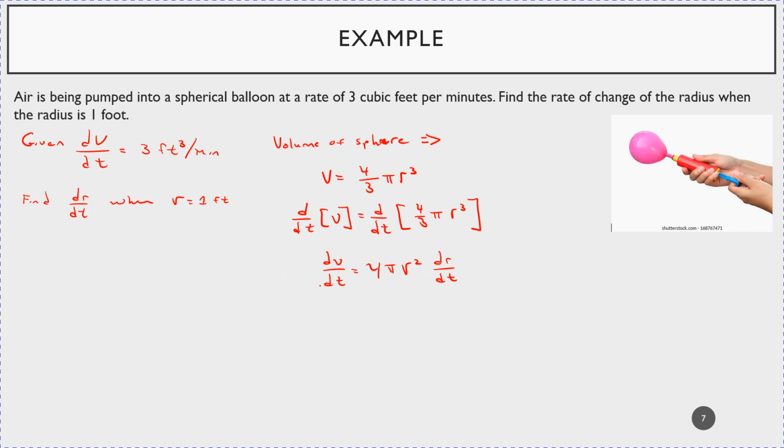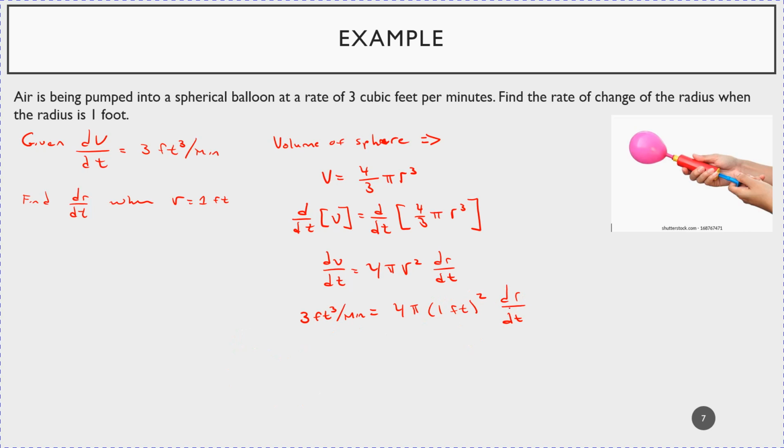All right, so plug in what you know. So dV/dt here is 3 cubic feet per minute, is equal to 4 pi, and then my radius is 1 foot squared, all right, dr/dt. So what are you going to do? You're just going to divide all of this over.